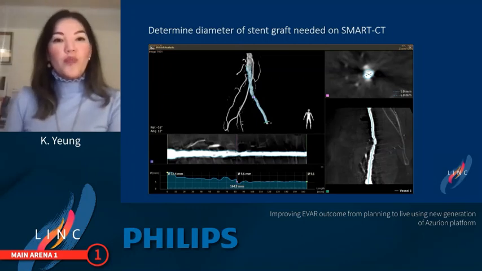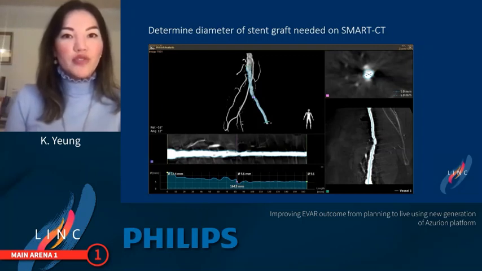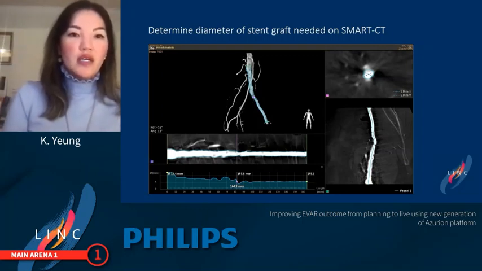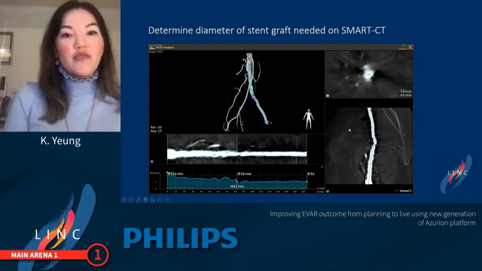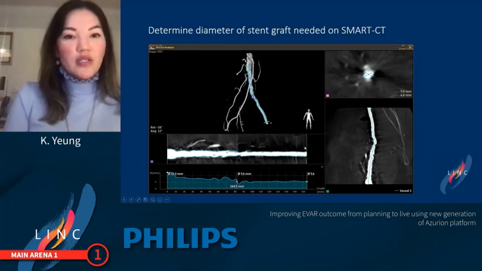What's also possible is not only guidance during your procedure, but also determining the diameter of your stent graft needed with the Smart CT that you have made on your table side. There's an automatic segmentation, and here's a stretched vessel, and you can move it to determine the diameters needed for your stent graft.